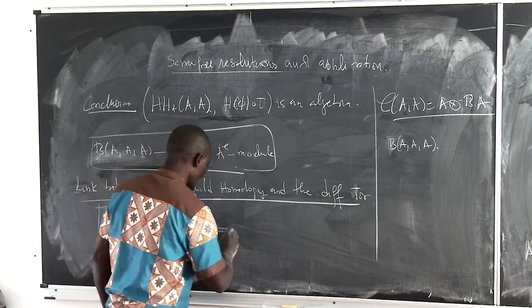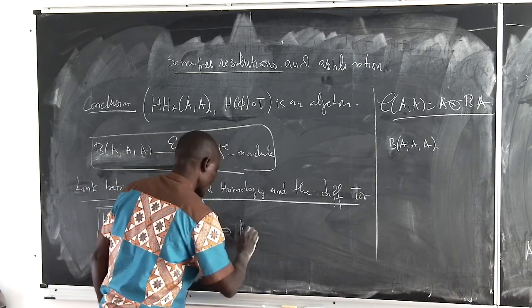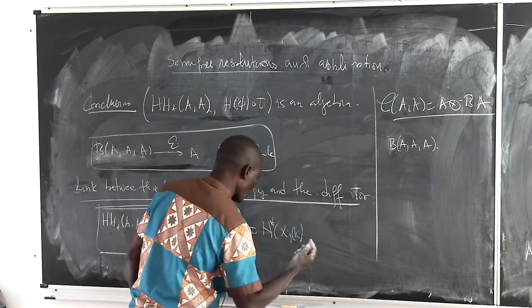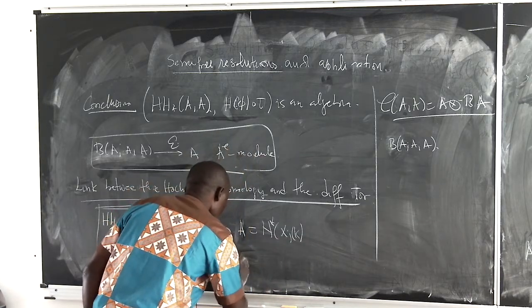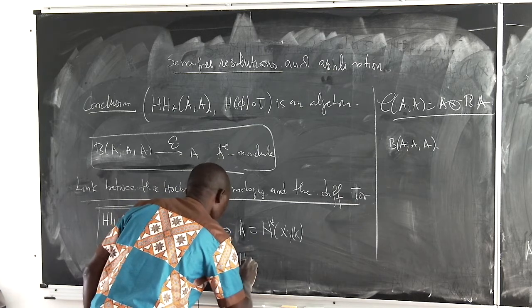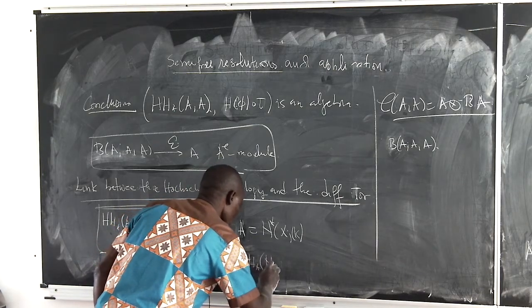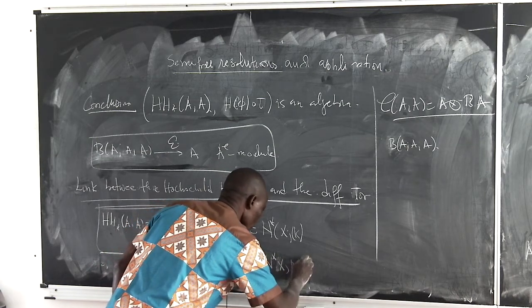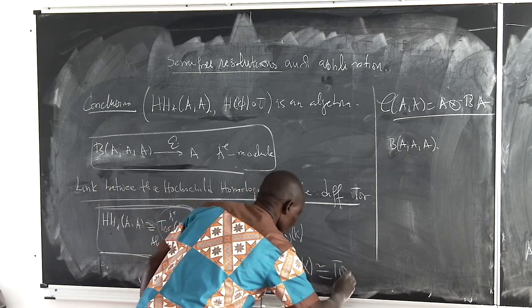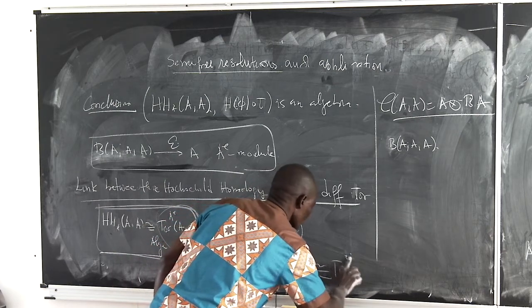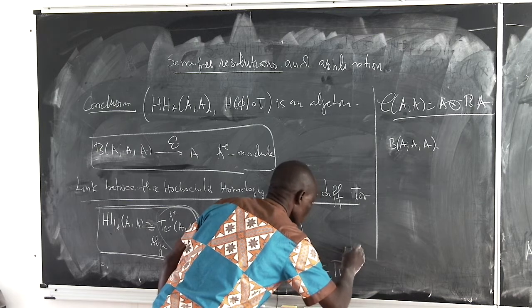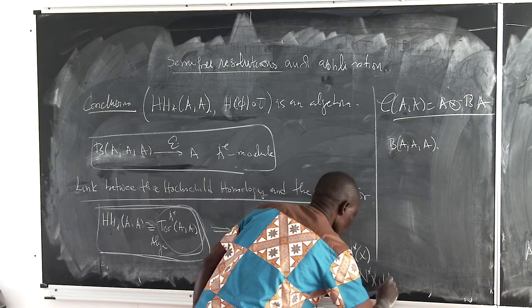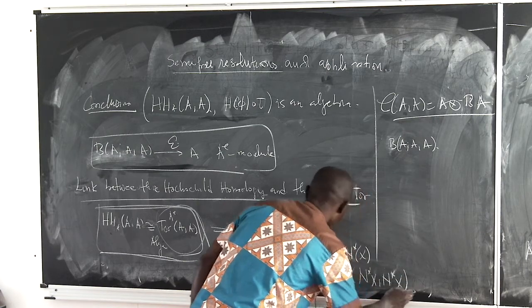And when A is equal to the normalized singular cochains, we move to the topological relation. Okay, so we have this.